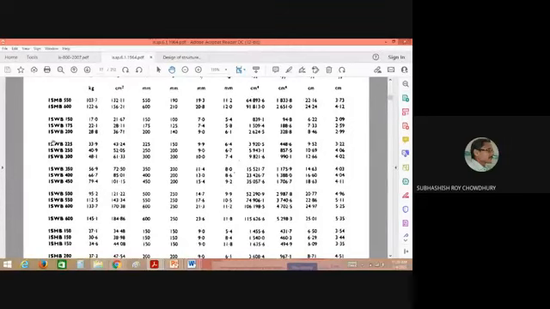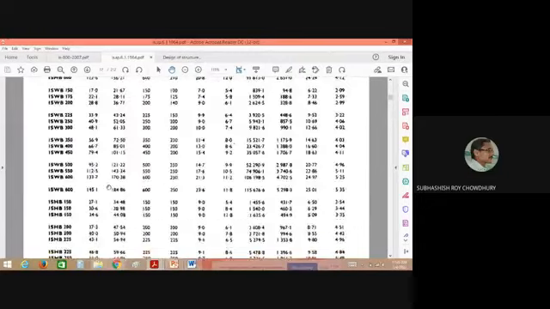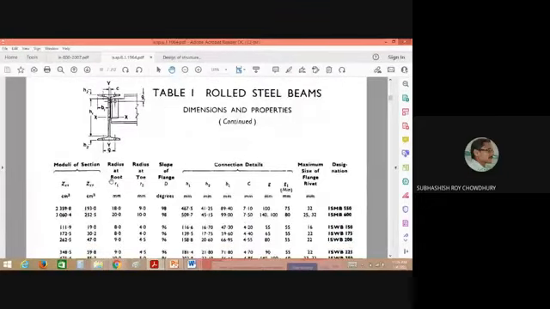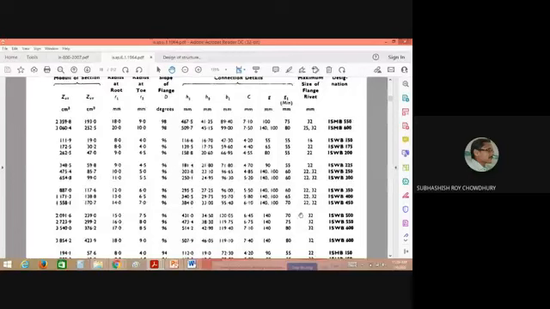But please remember and follow this instruction while solving any problem: at this moment all these sections are not available in the market. ISMB sections are mostly available in the market. So if you design one beam with ISJB section or ISWB section, etc., that is not available, and ultimately at the time of fabrication and construction, those sections will not be available.